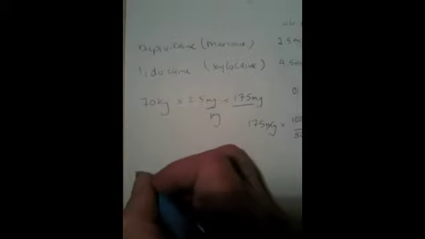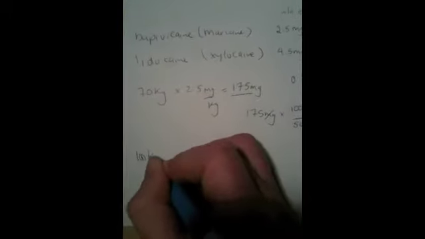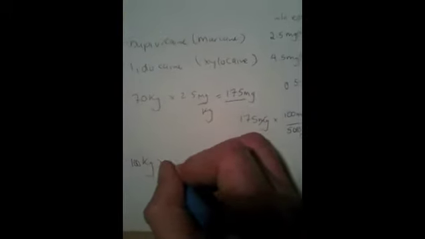Okay? Another example, let's say we have a 100 kilogram patient, and we want to give them lidocaine with epinephrine. So we can give them a dose of 7 milligrams per kilogram. So that's equal to a total of 700 milligrams that they can receive.